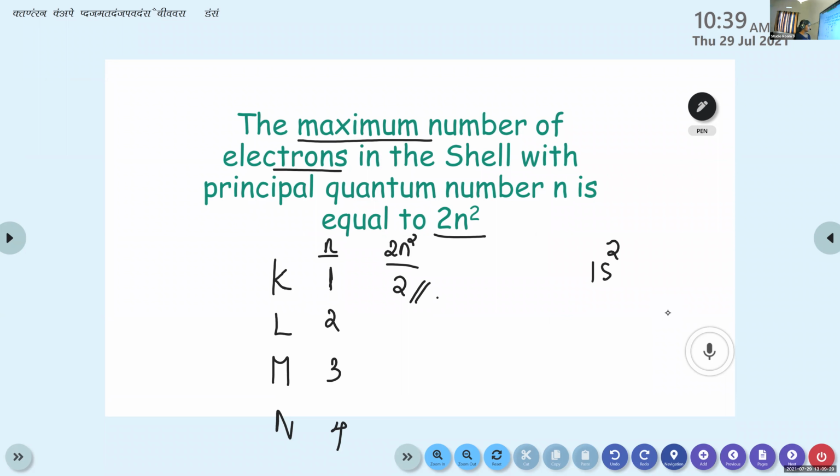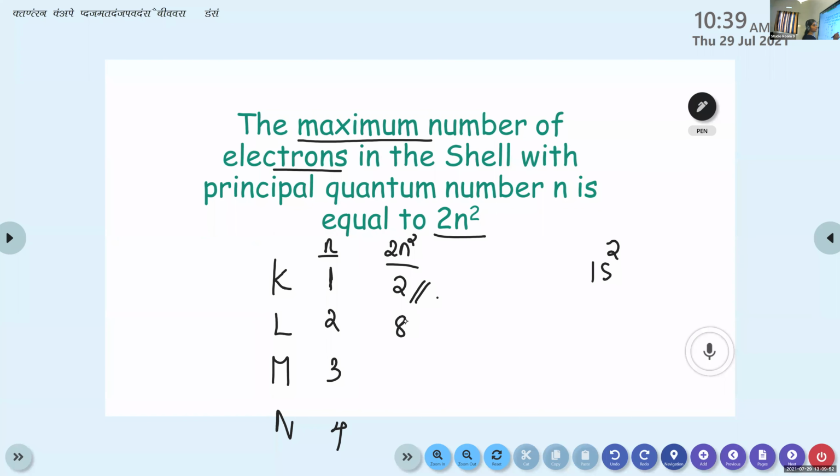Then we are moving to the next shell, L. Here the n value is 2. So Emmeline, can you tell me the maximum number of electrons in the L shell? 8, right? 2 into 2 squared, so it is 8.